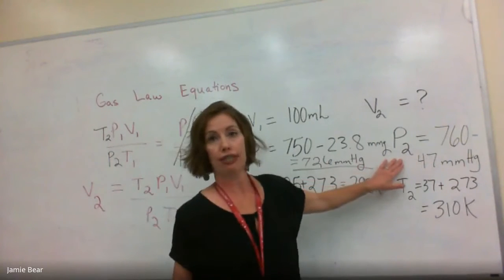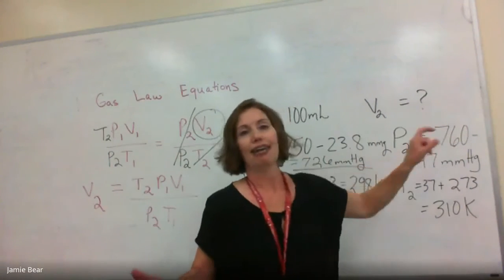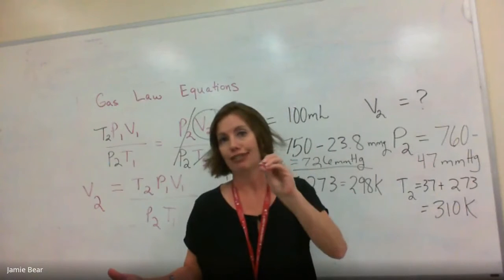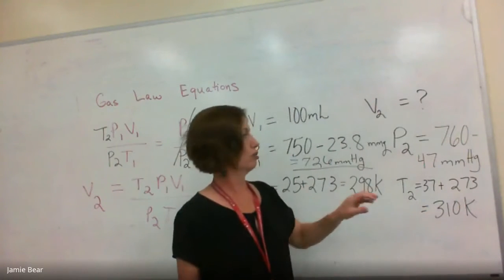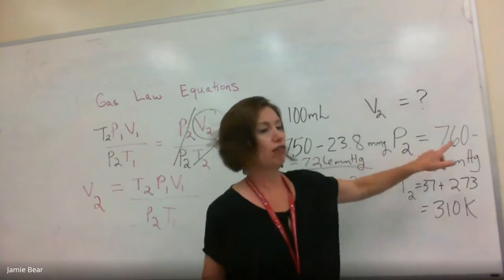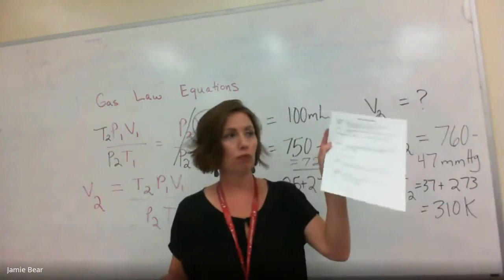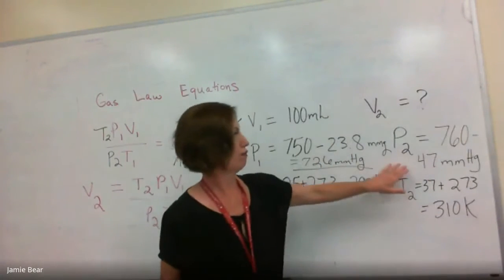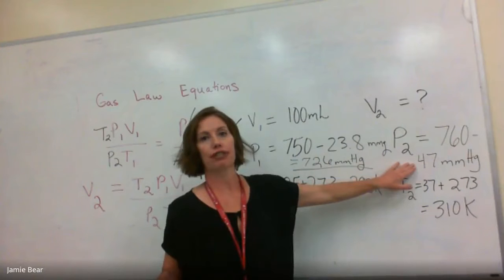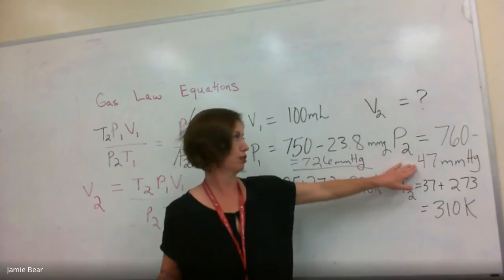P2 was given at 760 saturated at 37 degrees. So that's where we have to take into account, looking at the chart and looking on your paper where it's given, water vapor pressure at 37 degrees is 47 millimeters of mercury.